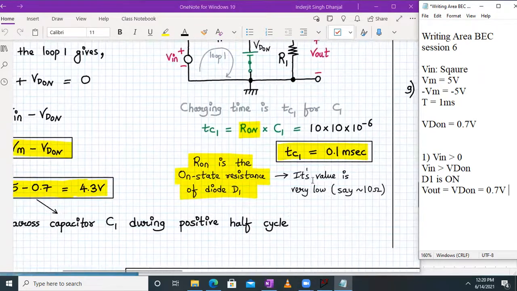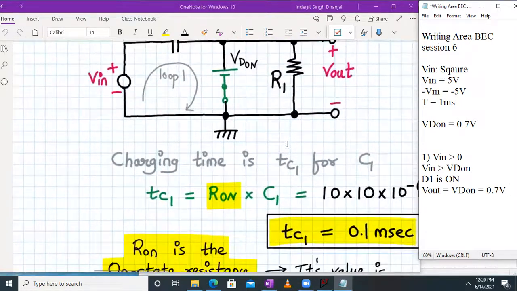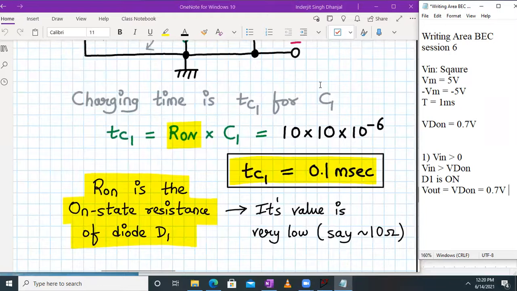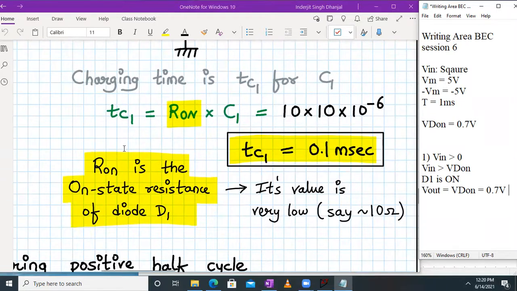Let us discuss that. Over here, the charging time for the capacitor is given by TC1, which is R on into C1. Since the diode is on, it will be replaced by its on state resistance, which is quite small. Let's say it is 10 ohms, and the capacitor value is given as 10 microfarad.